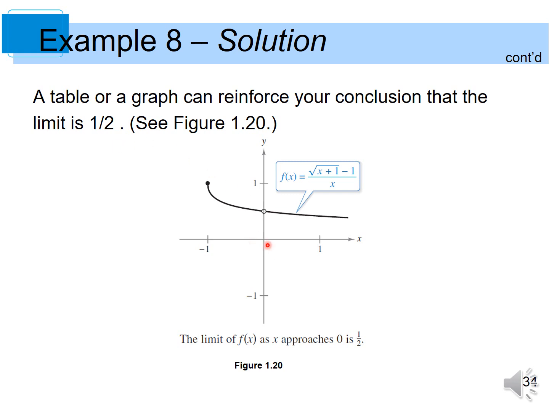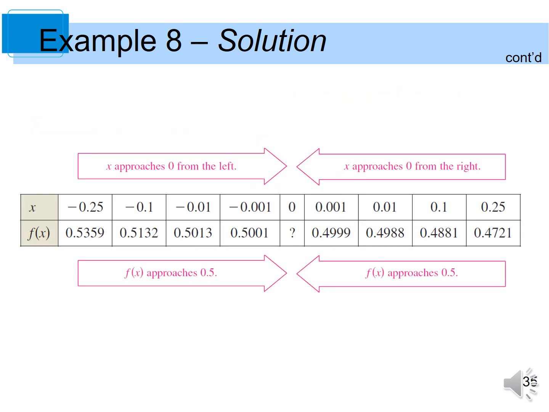When x tends to 0, you can see there's a gap here. Or from the graphical method, covered in the first section, we construct a table and we set the values approaching 0 from left and from right, and we observe the f(x) values from left and from right. So the value here approaches 0.5.